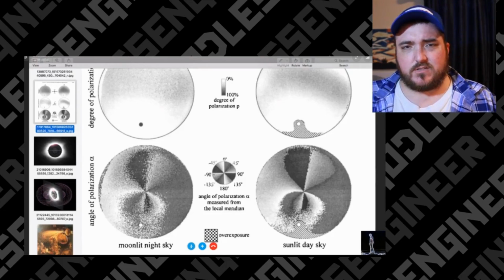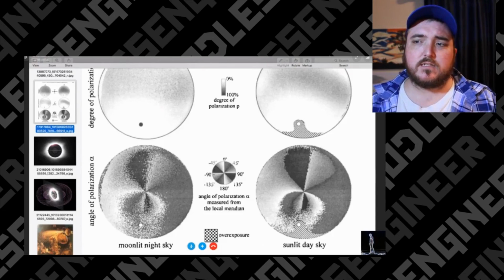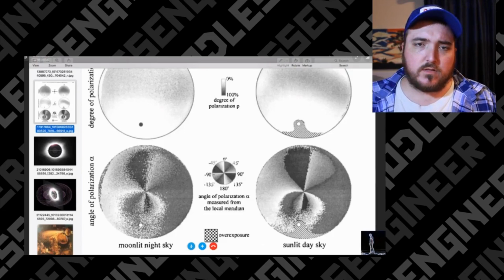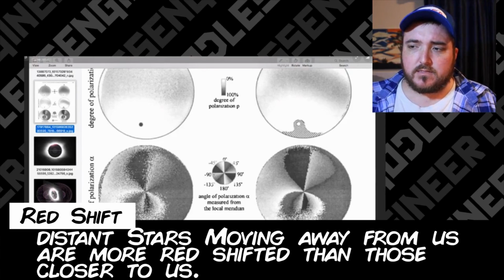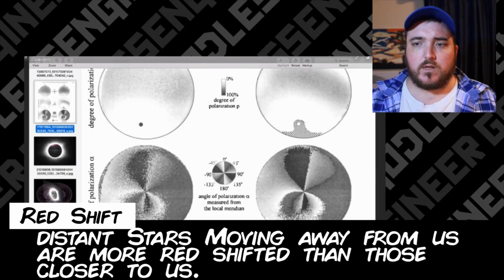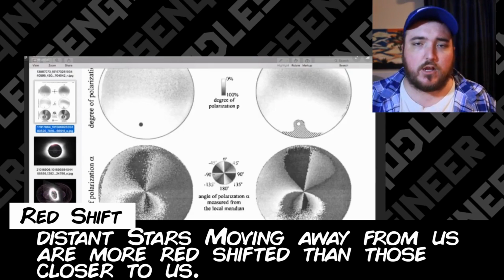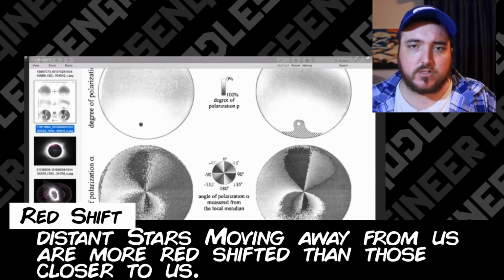This actually contradicts reality, because if you don't remember, the red shift of stars is what actually proves that the universe is very old, because the farther away something is, the redder it looks when you actually look through that spectrum. So this is actually directly contradictory to reality, like visible things that you can actually look at.